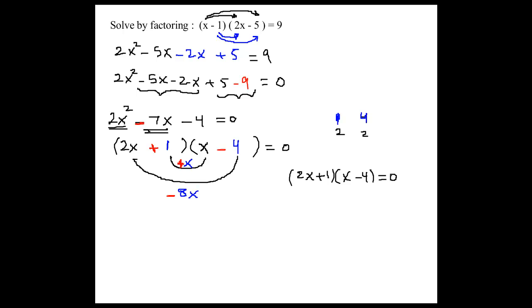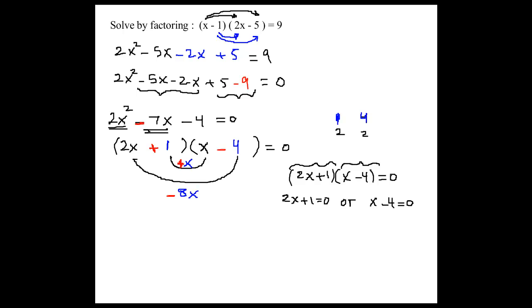So if I have 2 parentheses equal to 0, Carly, what do you conclude from here? You break them apart and have them equal to 0. So it'd be 2x plus 1 equals 0, and then x minus 4 equals 0. Very good. Yeah, you let each of these parentheses equal to 0, and you just simply solve for x.